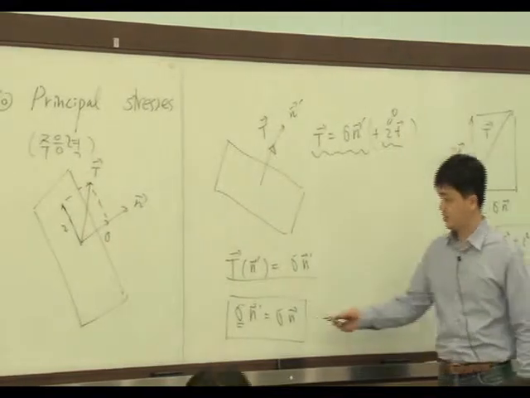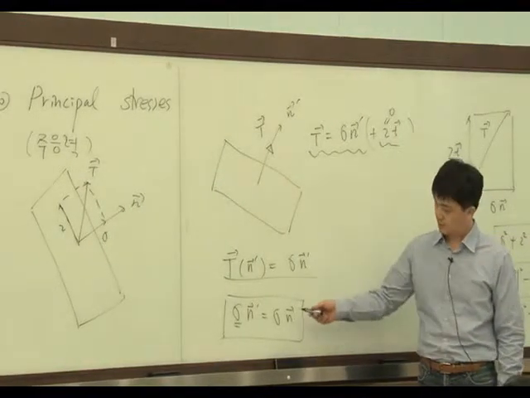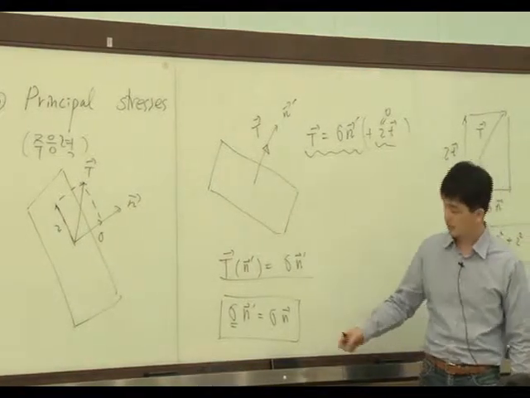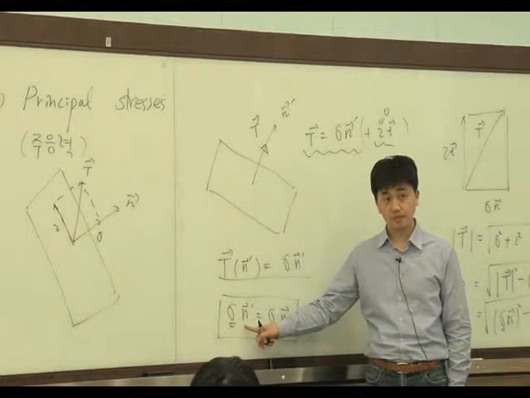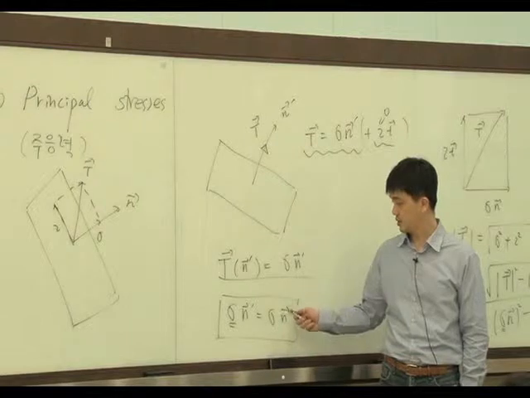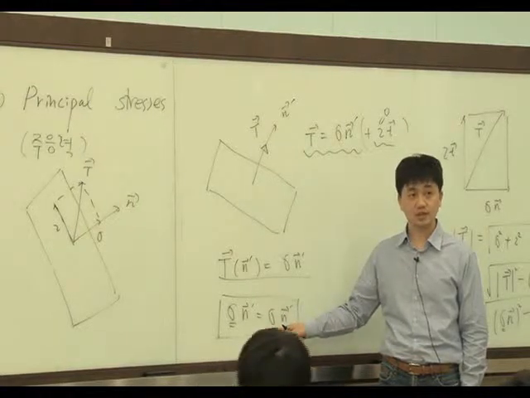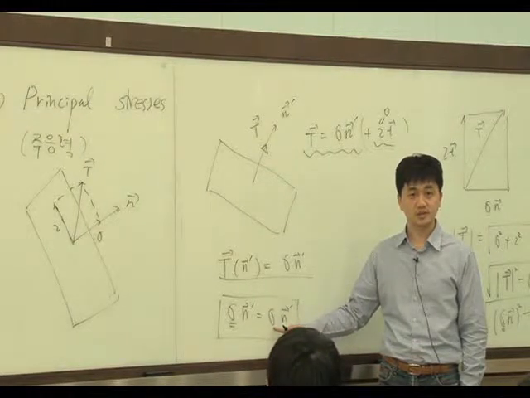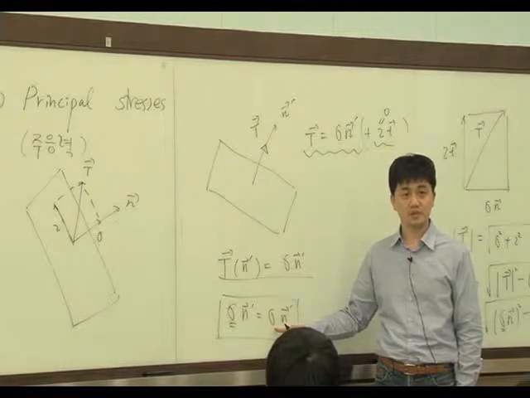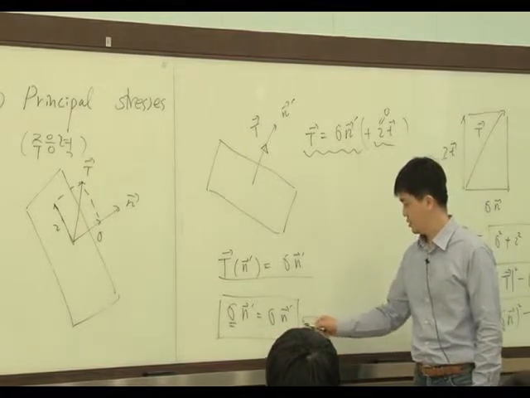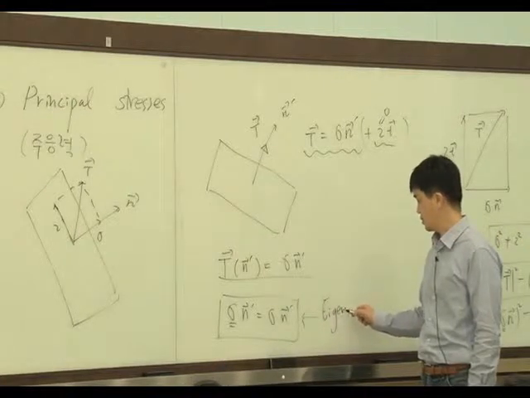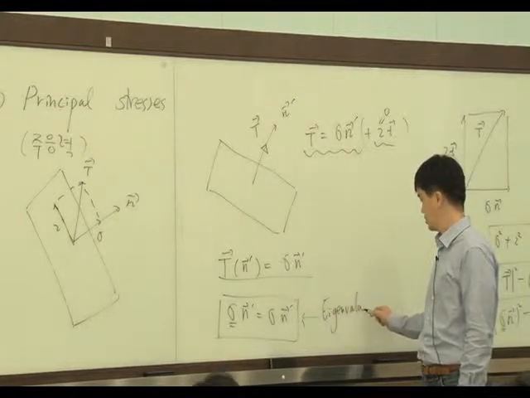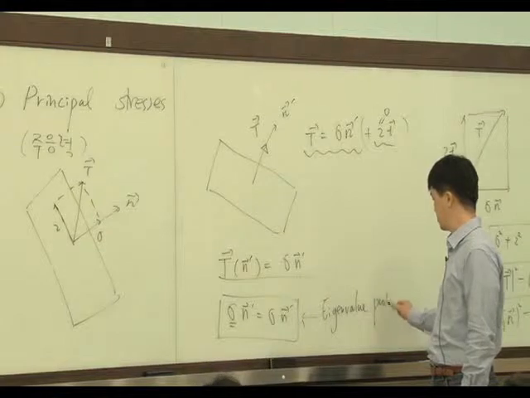Have you ever seen this shape of equation? Sigma is a matrix, some vector, the same vector here, and this is a scalar. Watch this. This is an eigenvalue problem, right?